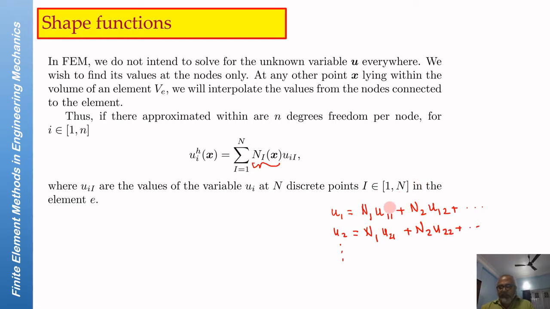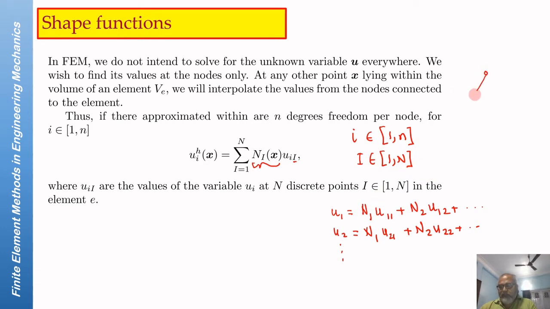So here the first index represents the number of the degree of freedom. This first one we write with a small i, where i goes from 1 to n, where the number of degrees of freedom at every node is n. The second number, which we write with a capital letter, goes from 1 to capital N, where capital N is the number of nodes connected to each element.